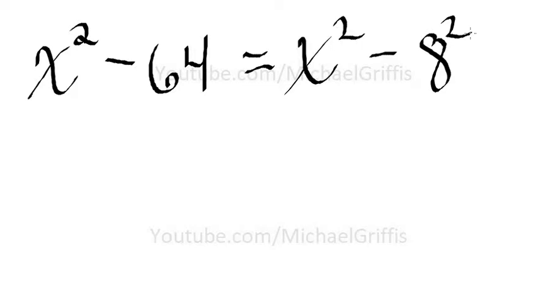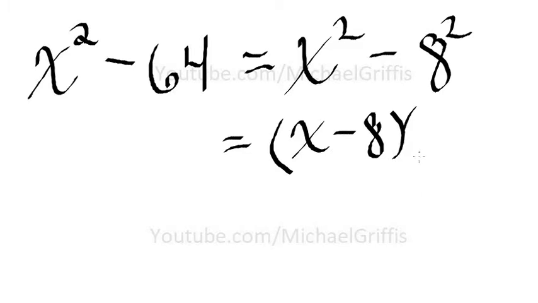Because 8 squared is 64. Now we can rewrite this, factoring the x squared minus 8 squared, as x minus 8 times x plus 8. Of course, we can always check our work by multiplying x minus 8 times x plus 8.